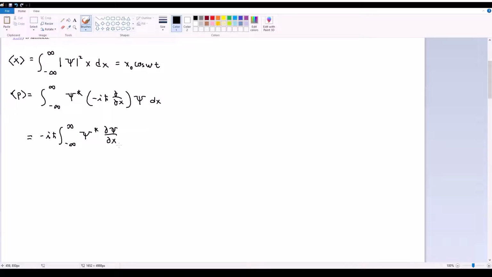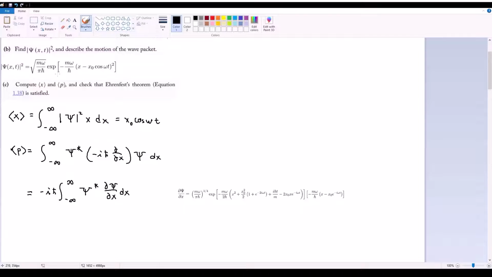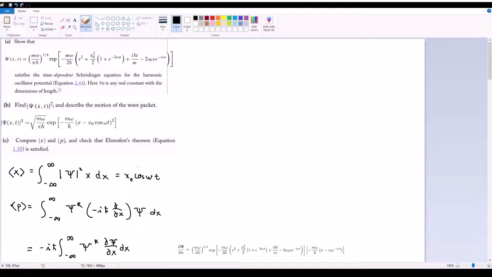Now, if you remember back in part A, we solved for d psi by dx when we were verifying the Schrodinger equation, and we found that it was equal to this expression. So if we plug this back in and also recognize what psi star is going to equal, right?